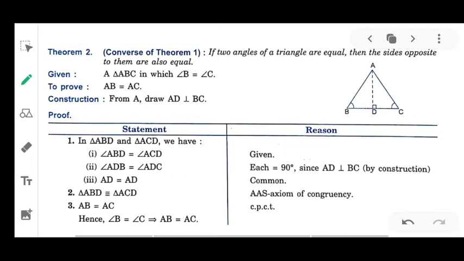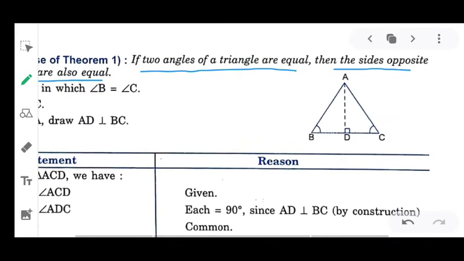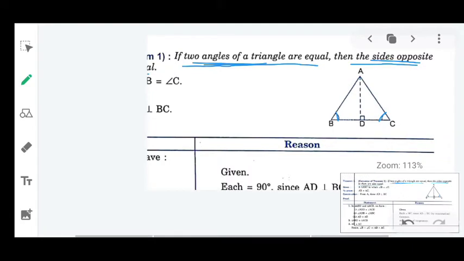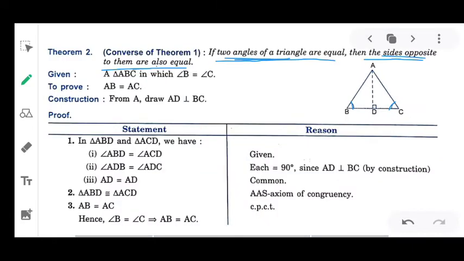So next theorem: if two angles of a triangle are equal, this is the converse of theorem 1. If two angles of a triangle are equal, then the sides opposite to them are also equal. Here is triangle ABC. If angle B equals angle C, then the sides opposite to them are also equal.